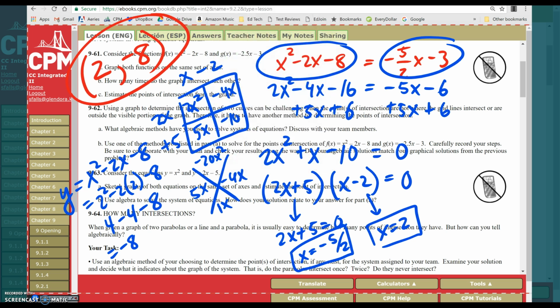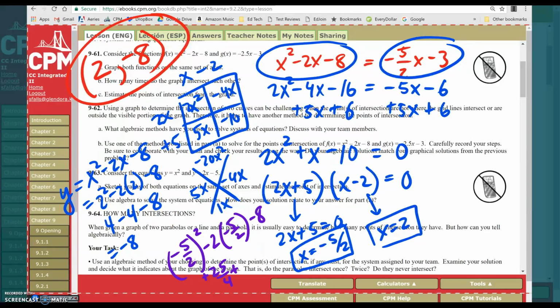So now we're going to do the same exact thing for negative 5 halves. I'm going to plug in negative 5 halves and square it, and then do minus 2 times negative 5 halves, and then minus 8. Kind of a pain here. You might want to use a calculator. If I square that, I'm going to get 25 over 4.